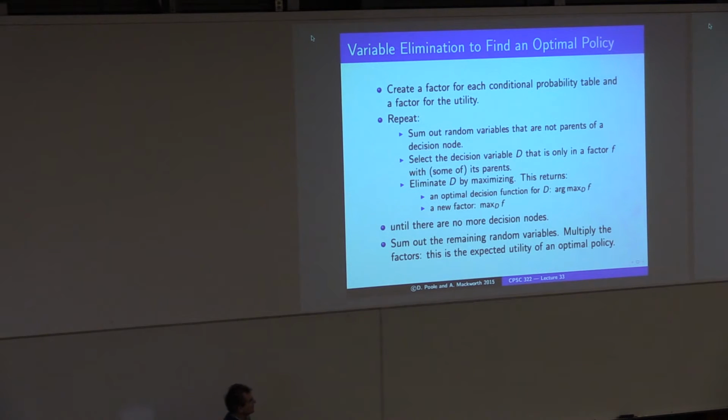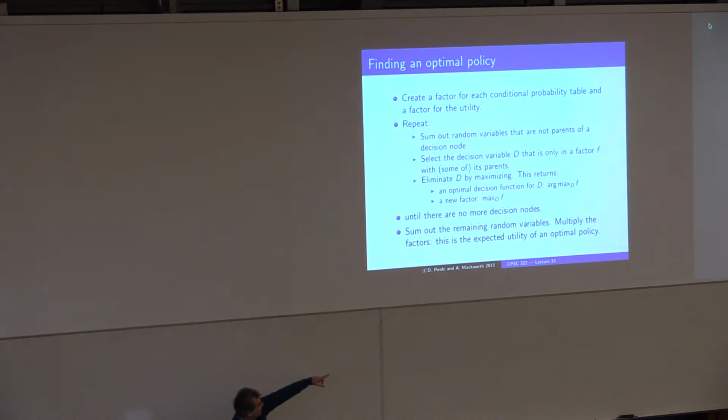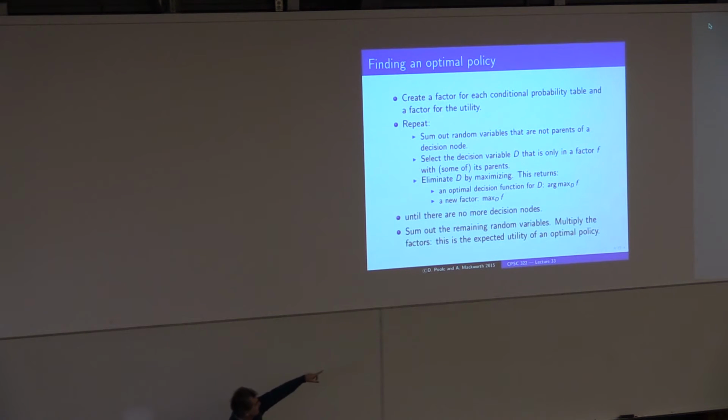And then we did variable elimination for creating an optimal policy. Here, the algorithm is you're going to construct a factor for each conditional. So this is where we ended up last time. We created a factor for each conditional probability table and a factor for the utility. And we summed out the random variables that are not parents of a decision node.